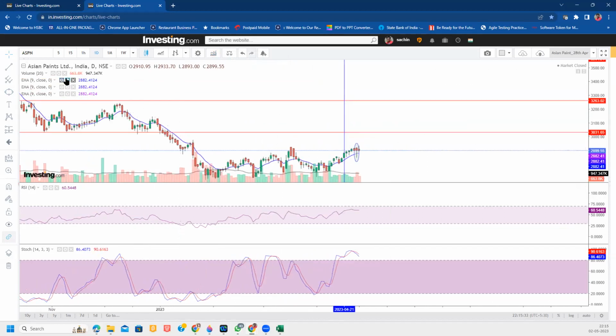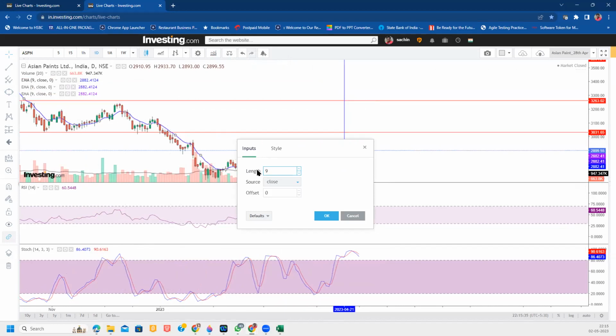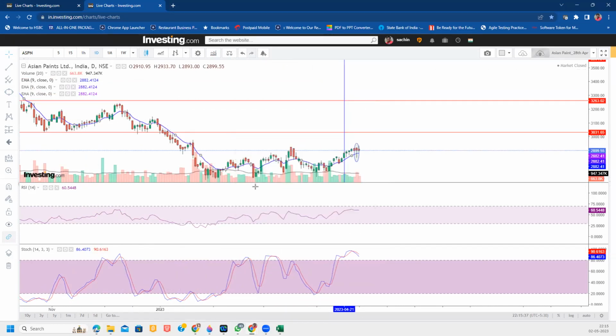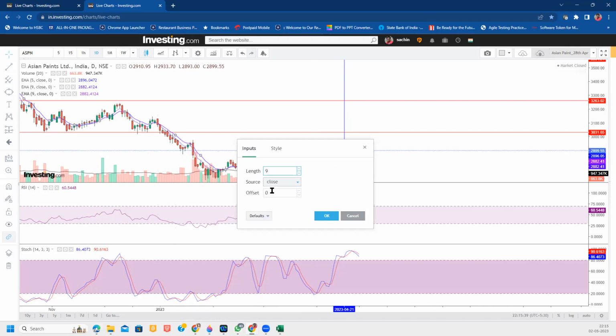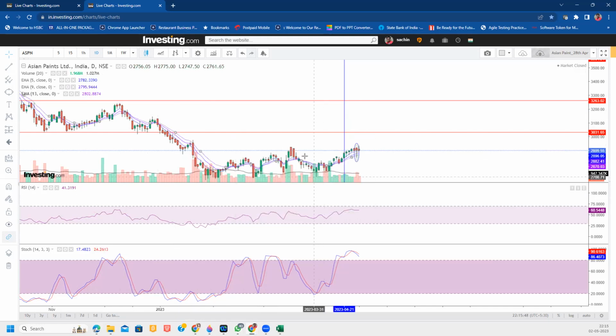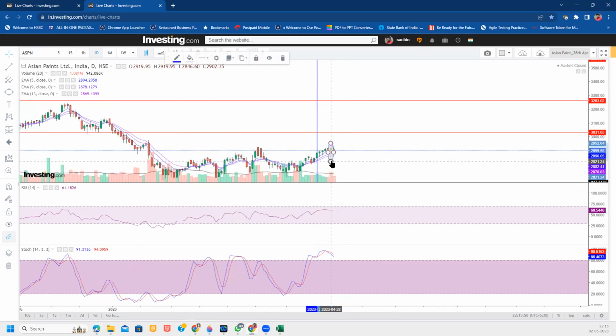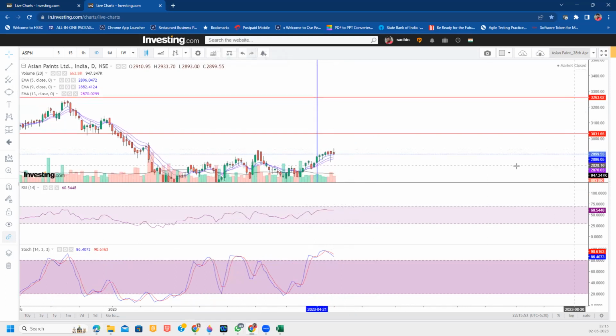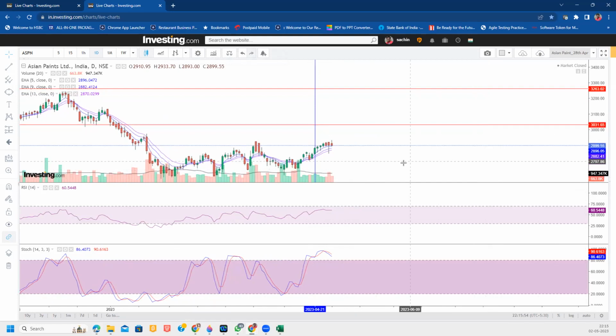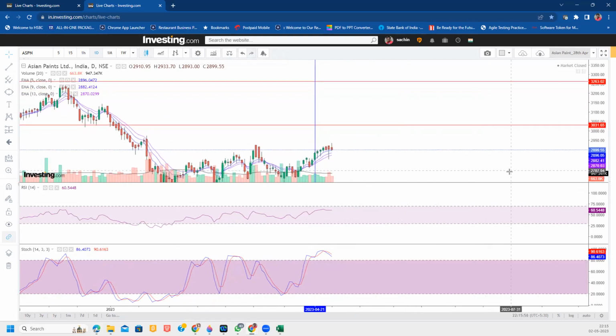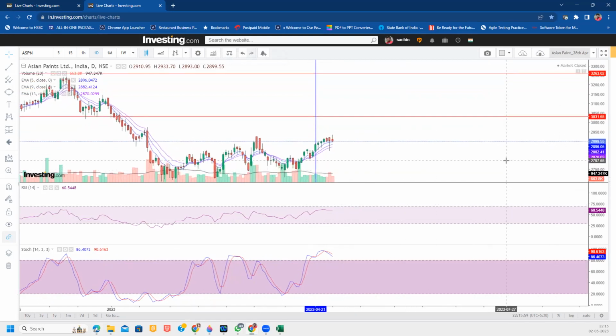So now I have added EMA, making 5, then 9 and 13. In a daily time frame, as per the EMA, it has done the positive crossover again.